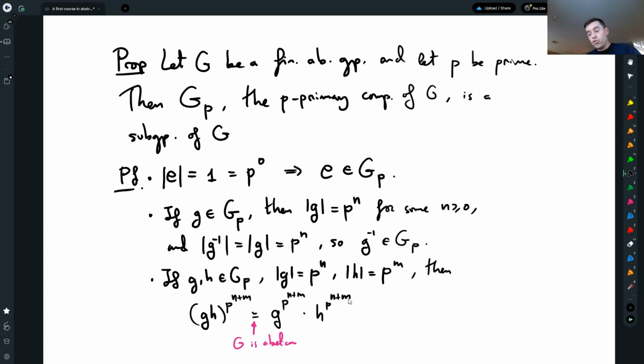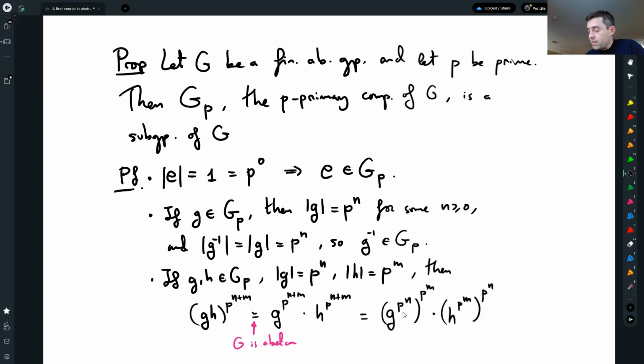Note that that is not true if G is not abelian, but because it is abelian, I can do this, and this is the same as g to the P to the n, to the P to the m, times h to the P to the m, to the P to the n.